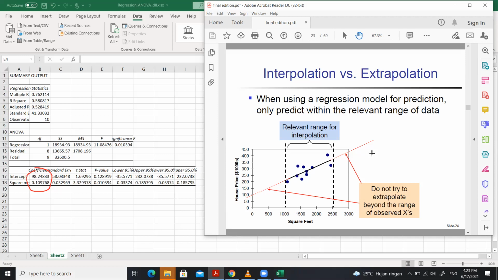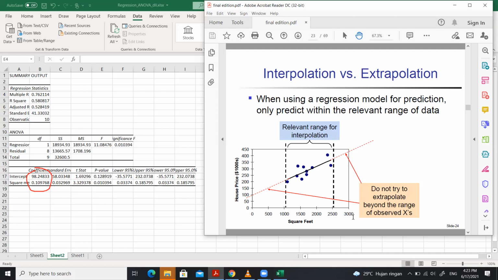So in this topic, we cannot suggest making extrapolation. We cannot make a prediction about the data.